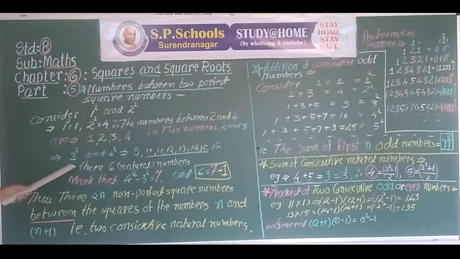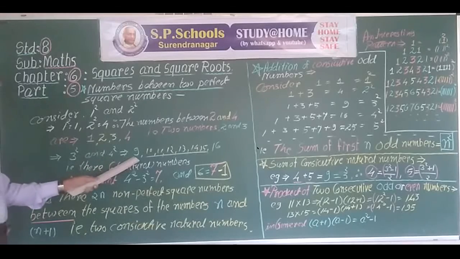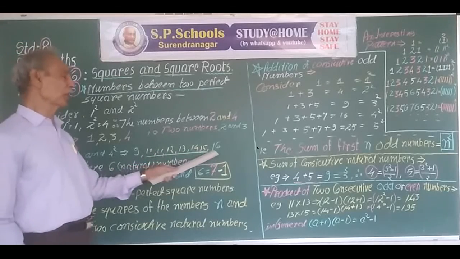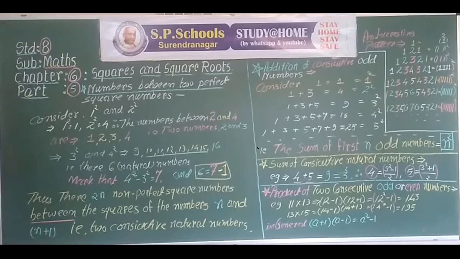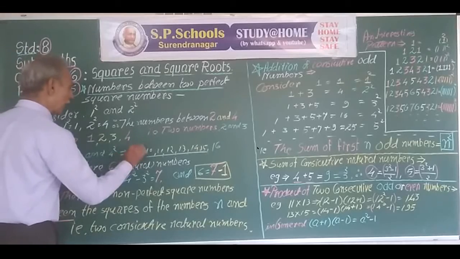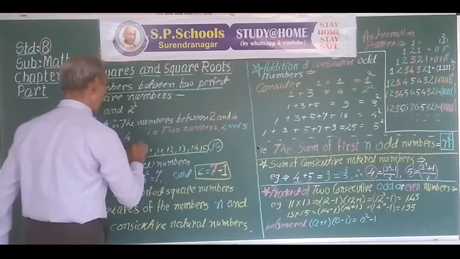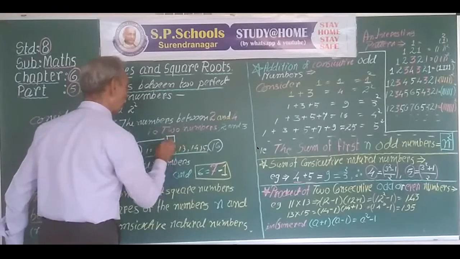Similarly, the square of 3 and the square of 4. The square of 3 is 9. Then the natural numbers are 10, 11, 12, 13, 14, 15 and 16. So, this number 9 and this number 16 are perfect square numbers.